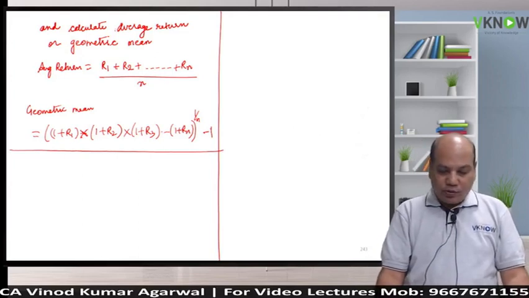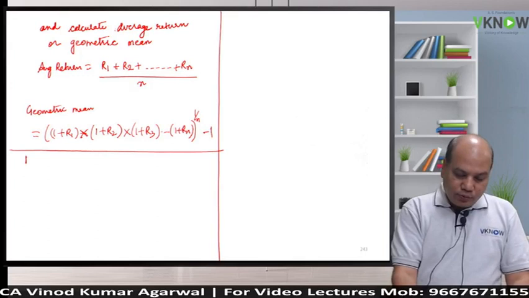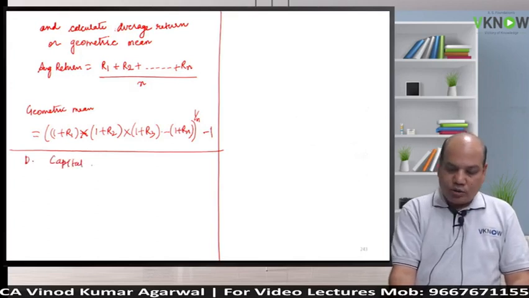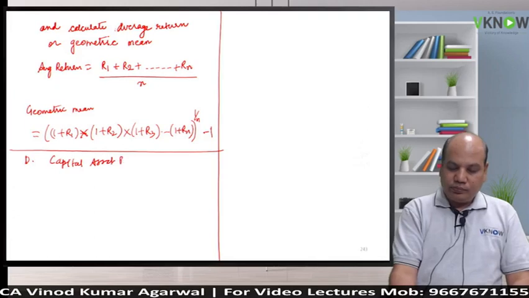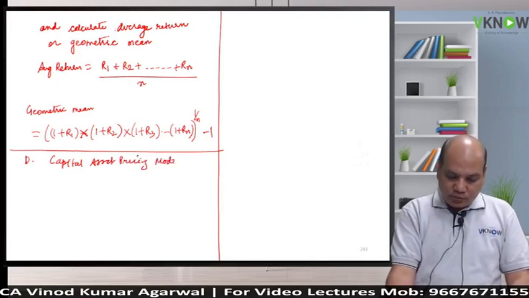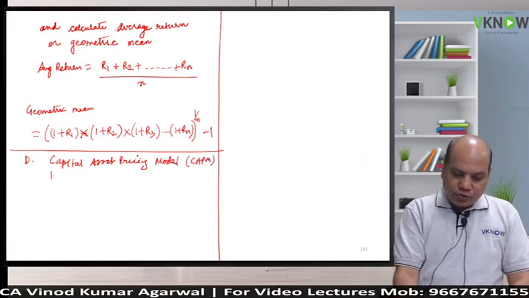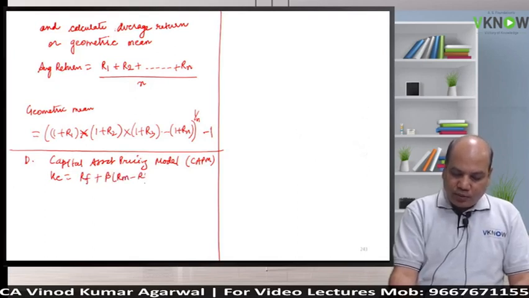Now next we will see fourth approach called capital asset pricing model, CAPM. So here the cost of equity is RF plus beta into RM minus RF.